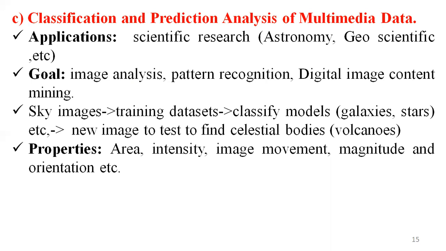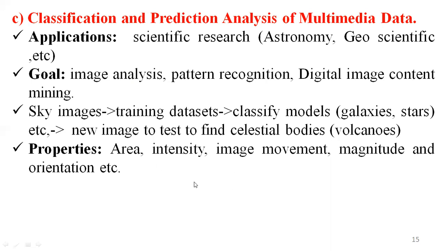And then come to the galaxy schema. The galaxy schema consists of more than one fact table. That's why it is called galaxies: more than one fact table, and then a number of dimension tables here. And then there is a new image to test to find the bodies.